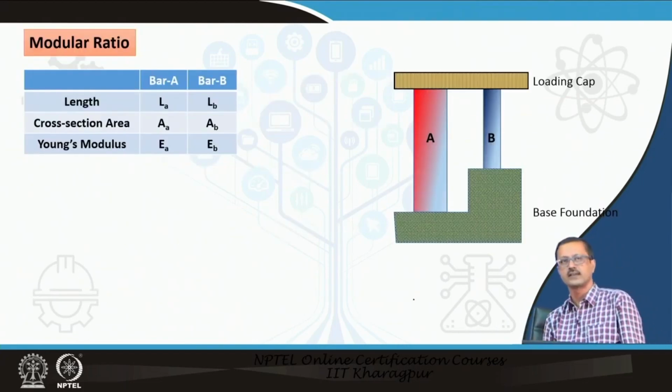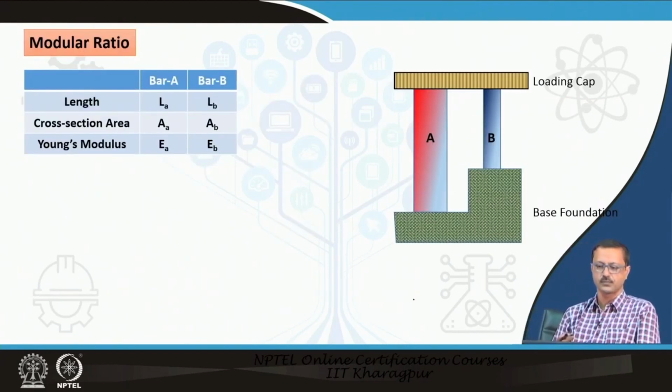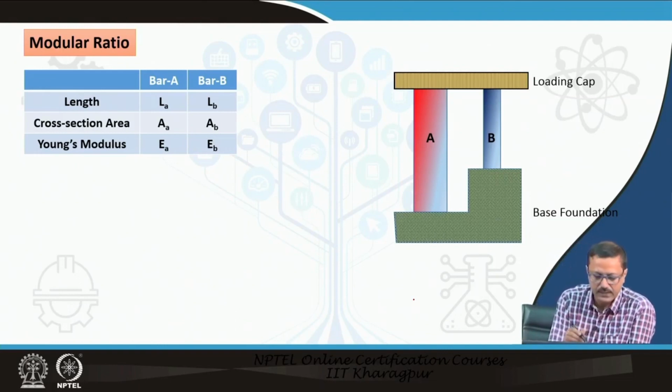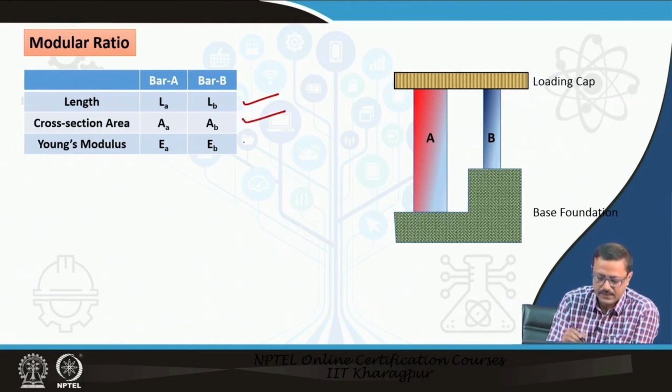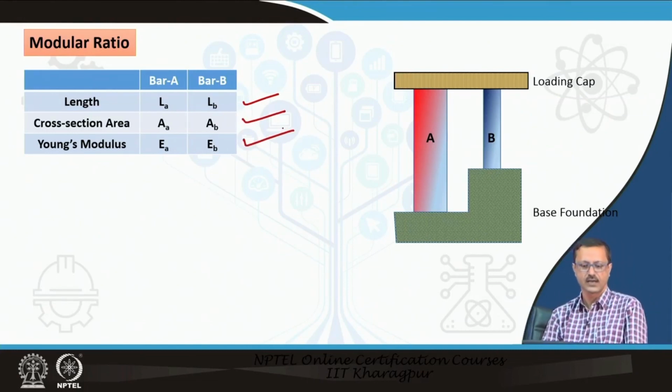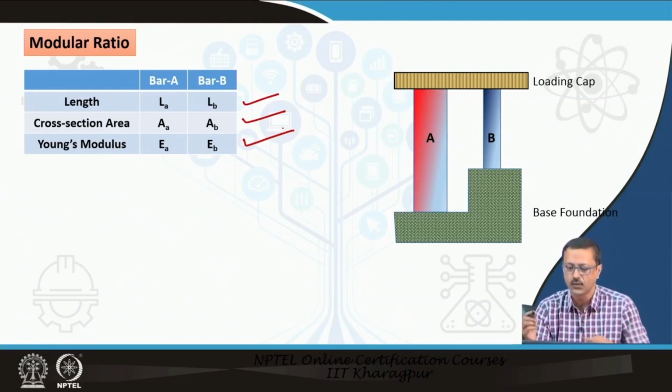Let us finally go to the concept of modular ratio. There are two bars, A and B, having different lengths, L A and L B, and different cross-section areas, and as they are of different materials, they have different values of elasticity, E A and E B, under a loading cap.